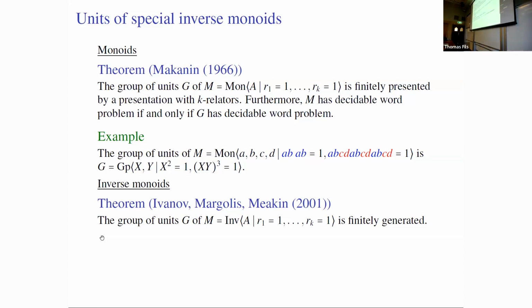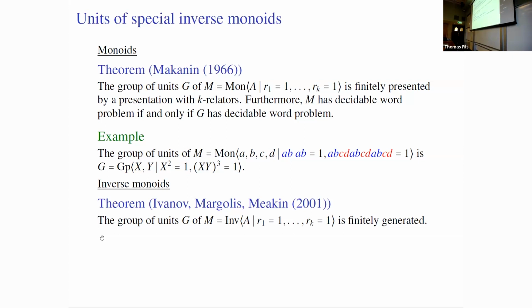If I use capital X for AB and capital Y for CD, they certainly satisfy these two relations. And what Mackinnon's theorem says is that that's actually a presentation for the group of units of this thing. It's not obvious that those relations are enough, but they are. I haven't told you everything here, but this is the essence of Mackinnon. And notice it preserves the number of relations.